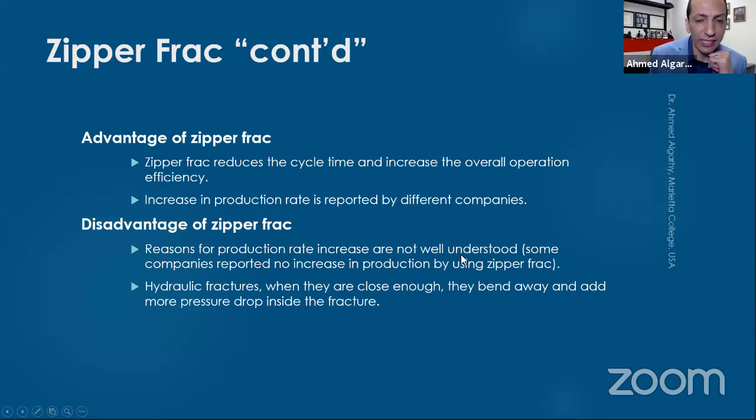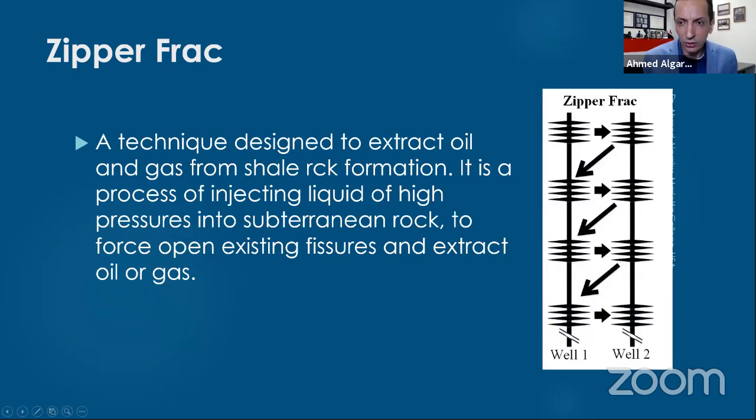We do multi-stage fracking, like we frac every single foot in the lateral section. We do it in stages. Imagine an example to make it closer to your mind. Let me go back to this figure. Look at the first well, well 1.